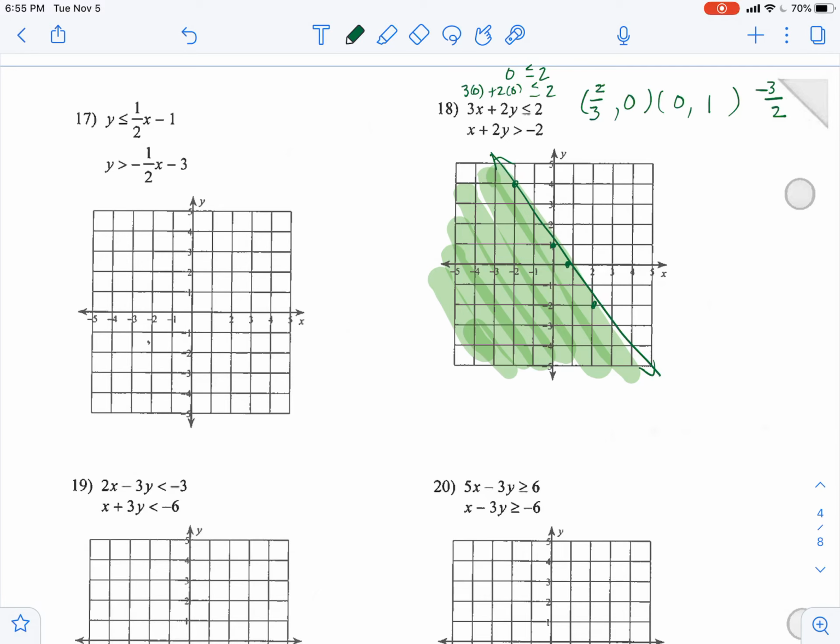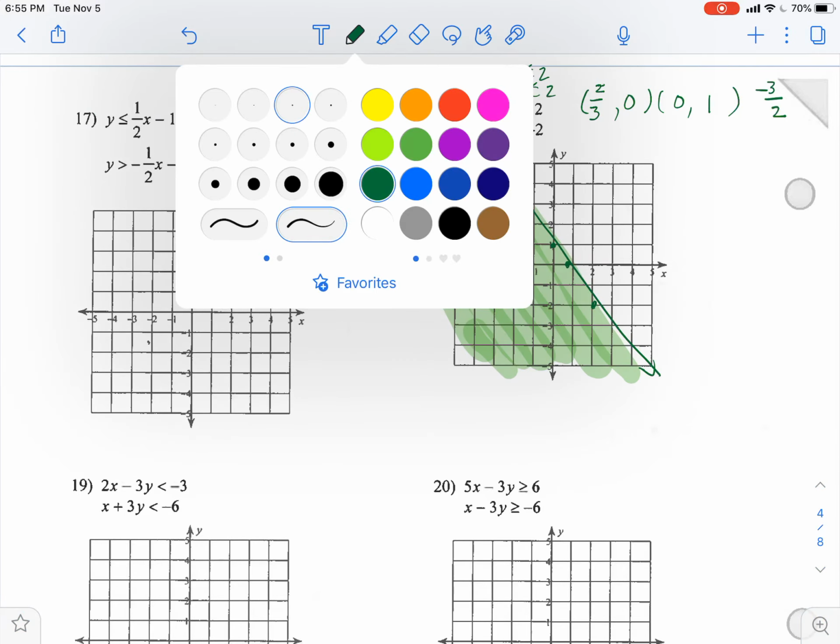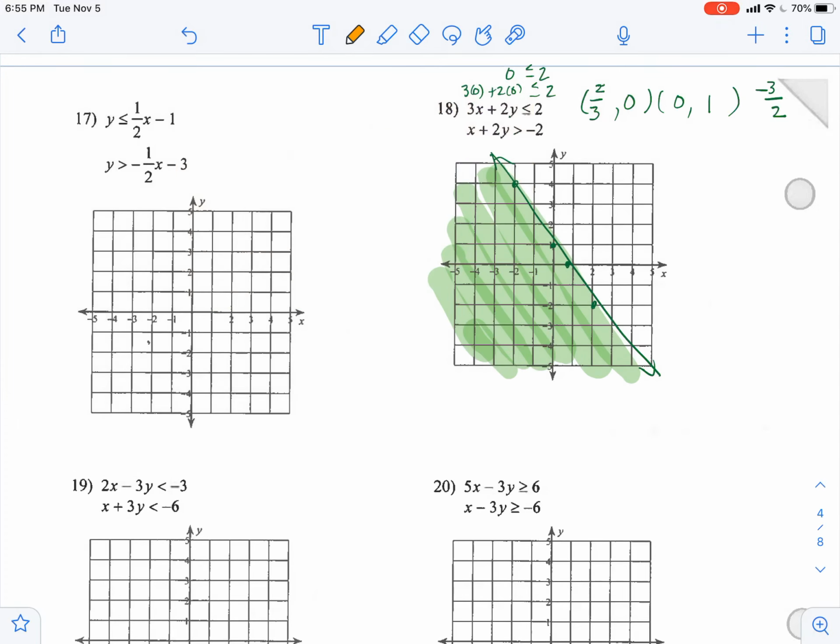Now let's go on to the next one. I'm going to do orange this time. So again, let's get my zeros ready. If y is 0, cover that up, then x would be -2.